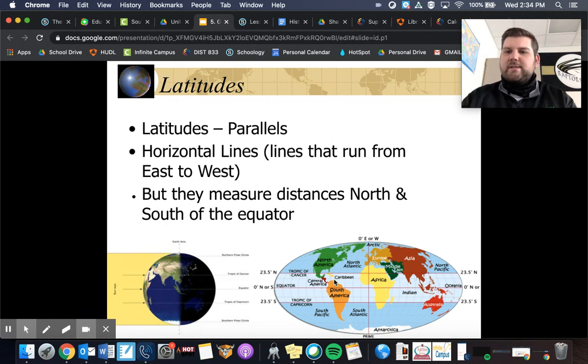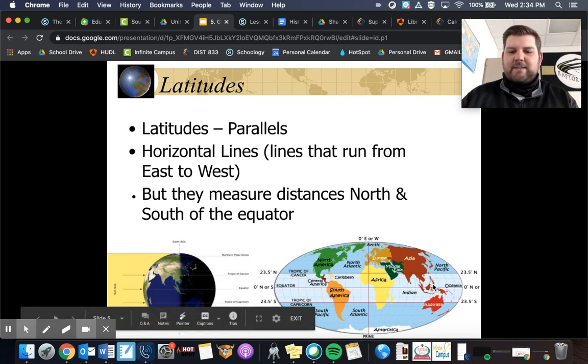This is always something that kids struggle with, so I want to make it as clear as I can. The lines go from east to west, but as you can see here, the equator is right here, and this line is north of that line. It's not east or west, it's north, it's up. Or it's down, it's south. This line is down, it's south.